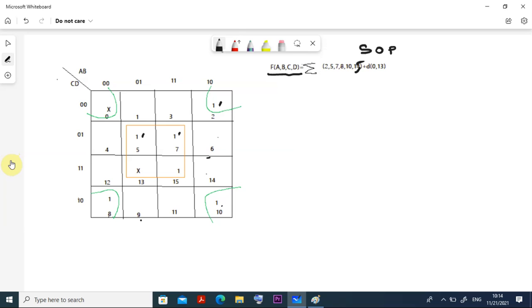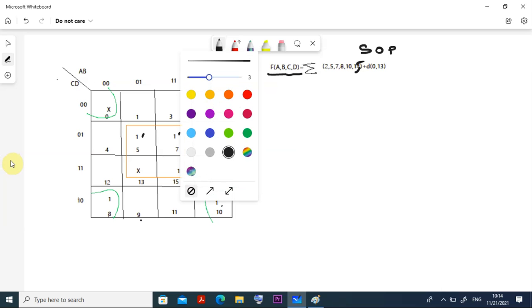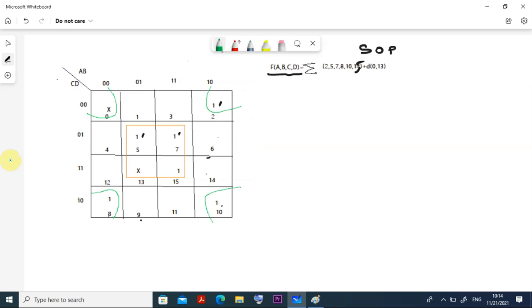You can check here the different colors. I put another color here. Here we are going for the don't care: you can see this is a case of don't care, and I have written x. Here also I have written a don't care x.